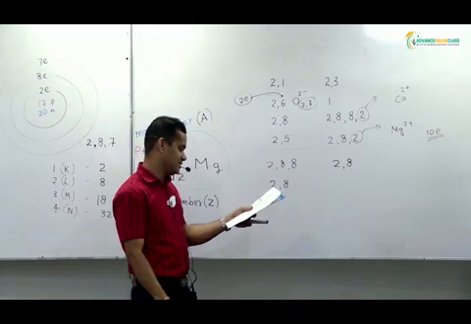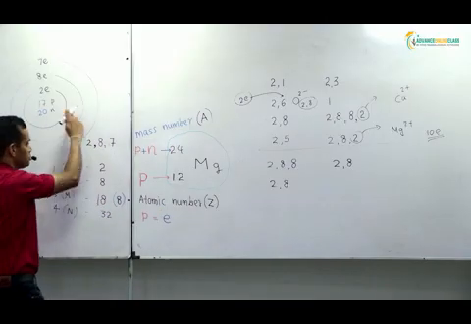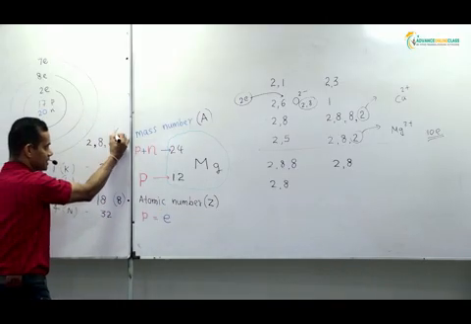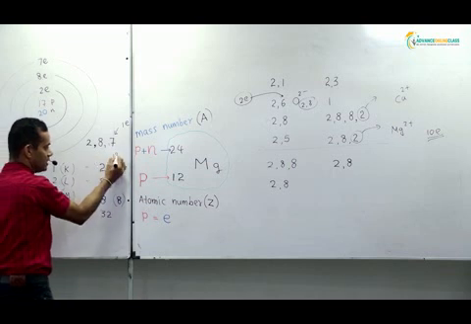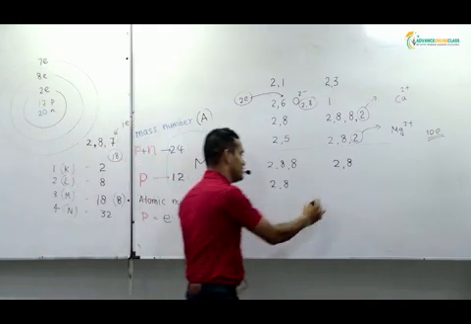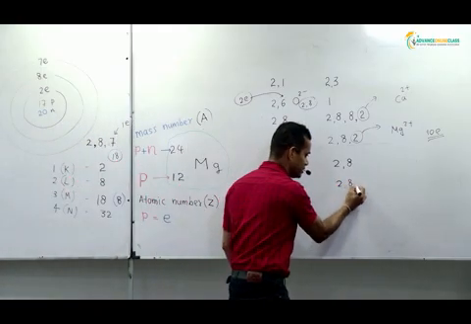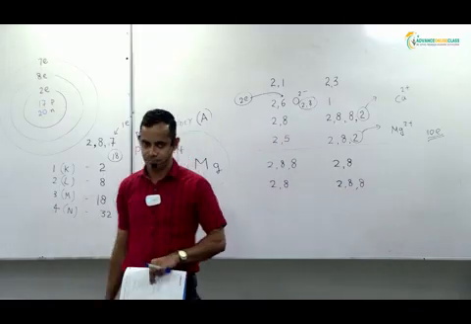Then chloride ion. This chlorine, which is 2, 8, 7, takes 1 electron, and the 17 becomes 18, and it is 2, 8, 8 now. So 18 is 2, 8, 8. If you know the electron number, you can write the configuration.